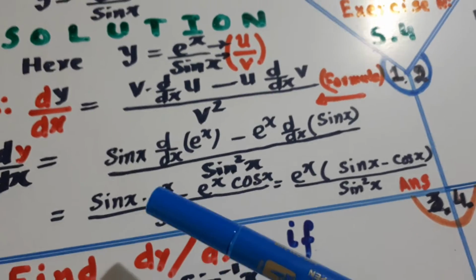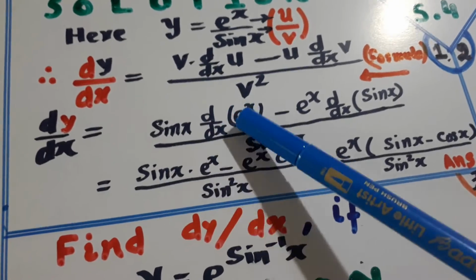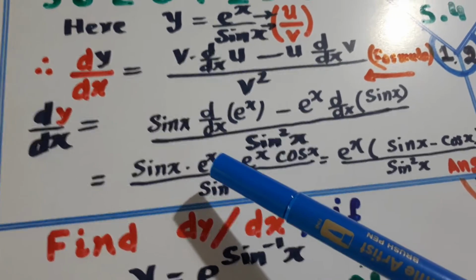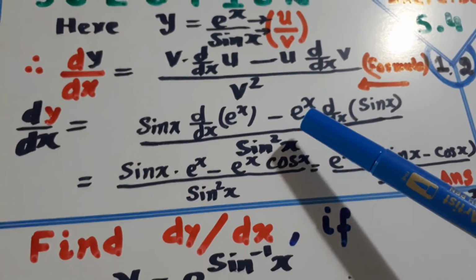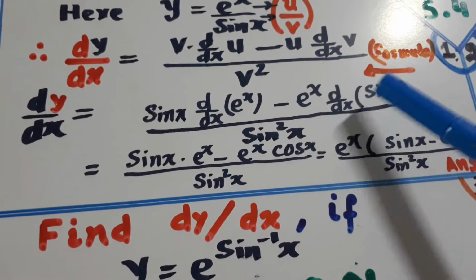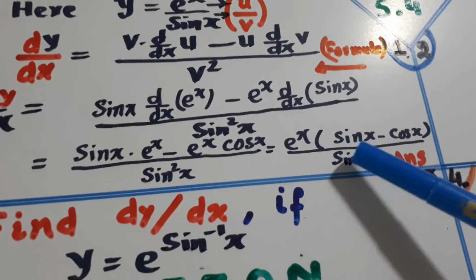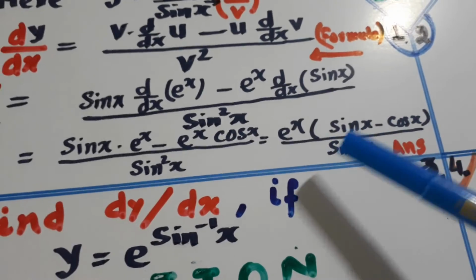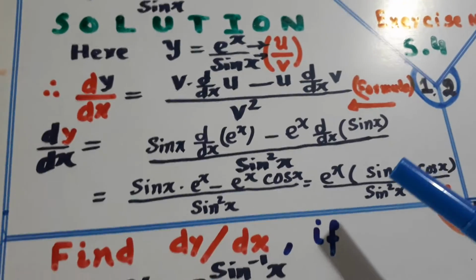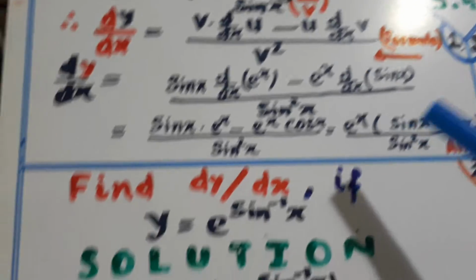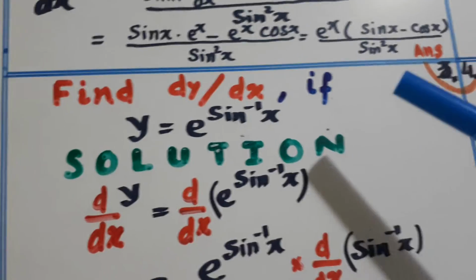So the result comes like this: sin x d/dx of e raised to power x is e raised to power x, minus e raised to power x d/dx of sin x is cos x. Now take e raised to power x common, it becomes sin x minus cos x over sin square x. This is the answer. Very simple. Hardly 2 minutes.